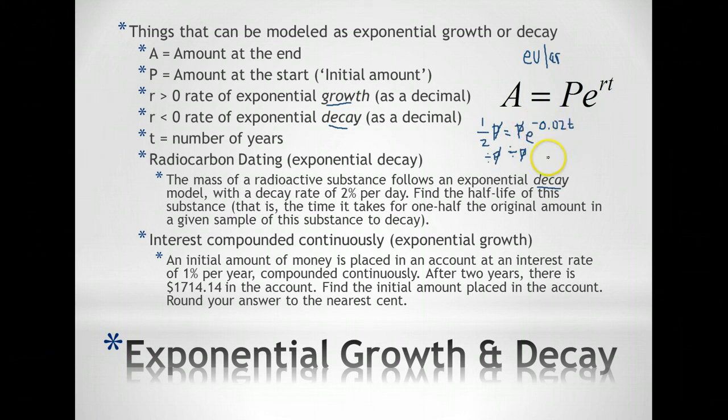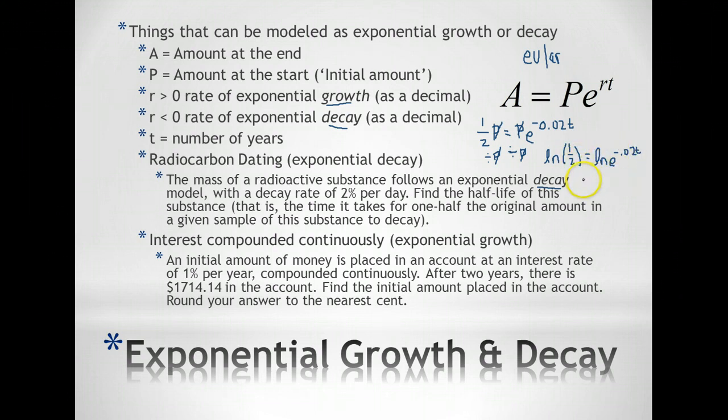Now I can take the natural log of both sides of my equation. Natural log of 1/2 equals natural log of e to the negative 0.02 t. So I move the exponent to the front.